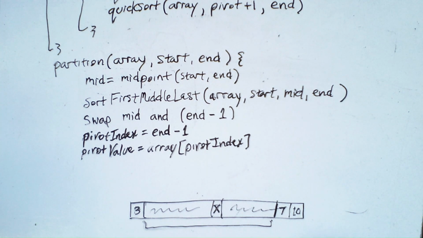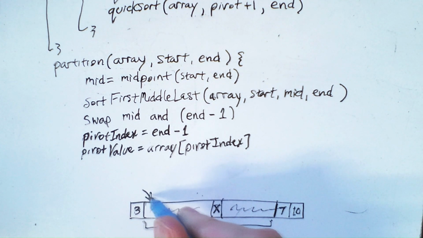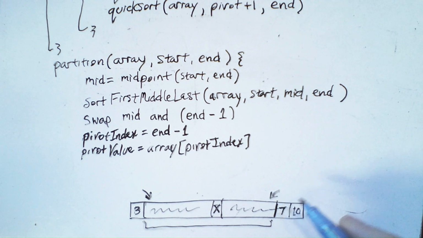Now the goal at this point is to partition this remaining area between that first element and the pivot index. So I want to start from here on the left and then start from here on the right and then work towards the middle, organizing elements as appropriate.